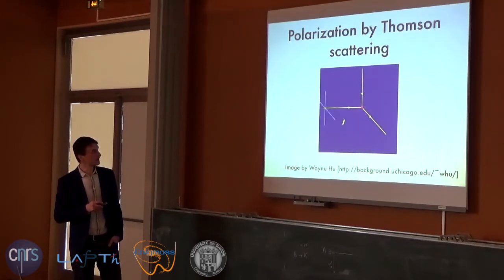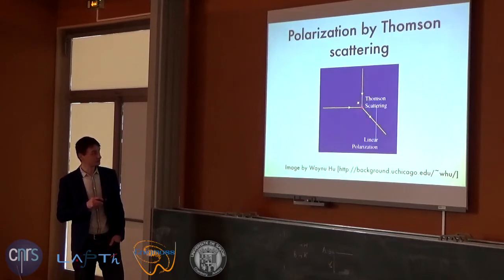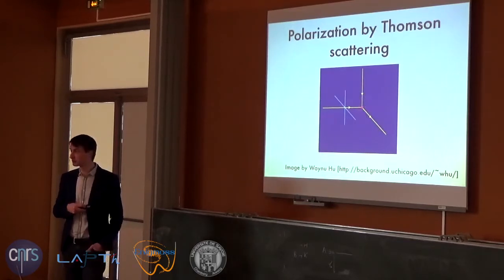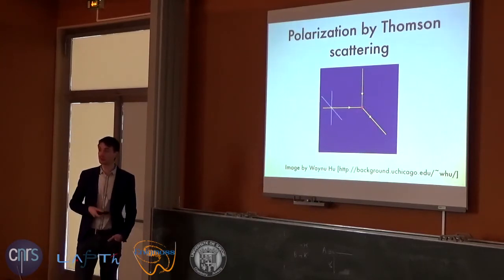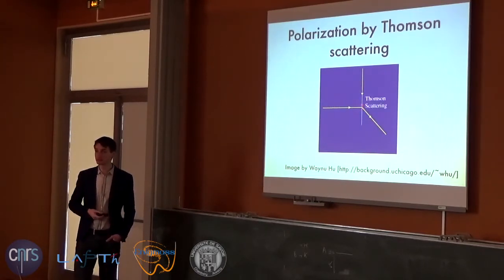The orientation that has an electric field that is perpendicular to the final direction is scattered by the Thomson scattering very efficiently. The orientation that is parallel to the direction of emission is of course very inefficient, because the electric field and the magnetic field of the photon are perpendicular to the direction of the photon.